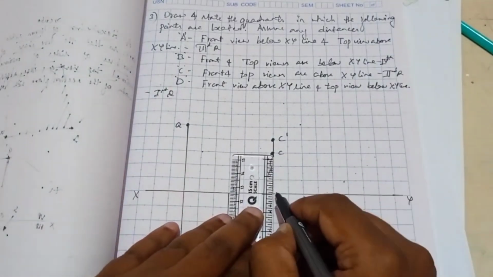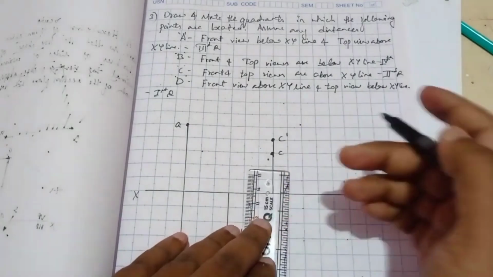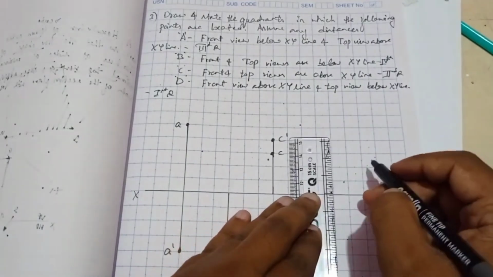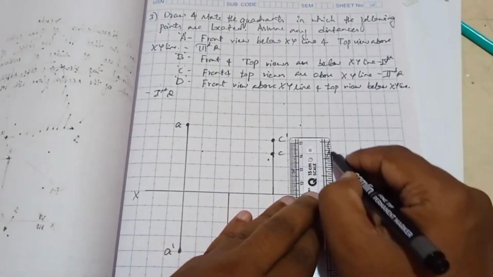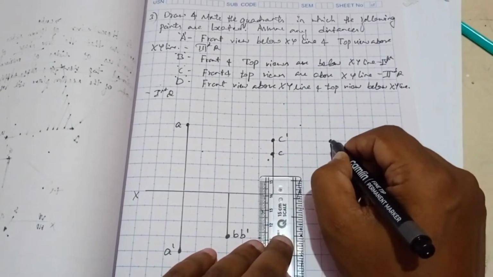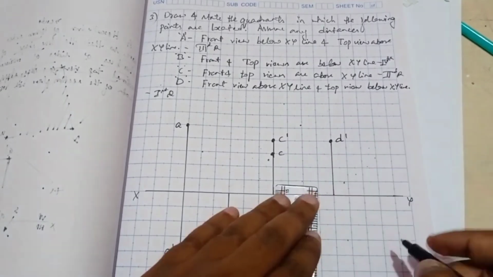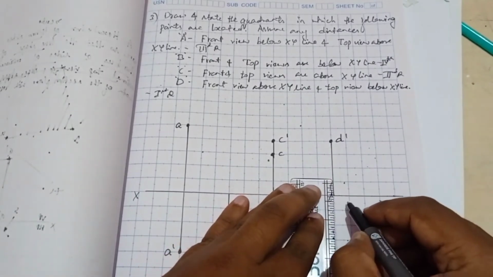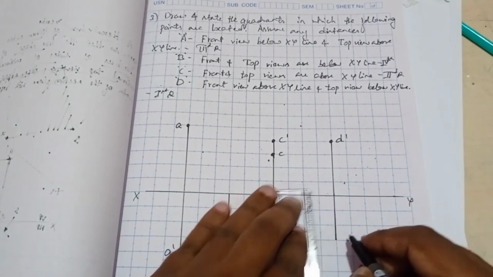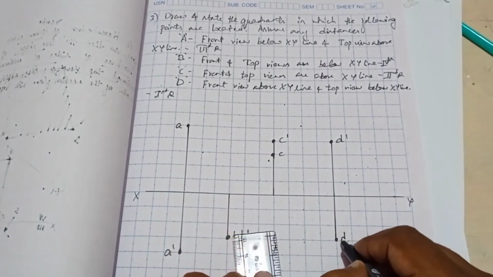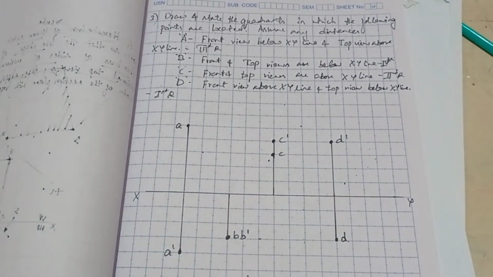Next, the fourth point, point D, front view above xy line. So here I'll mention front view. This is D dash and top view below the xy line. So here we have assumed any distances. You can assume it, as it is given in the question. So that completes the problem.